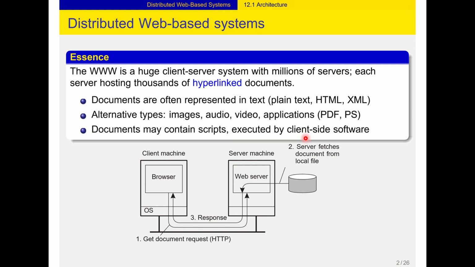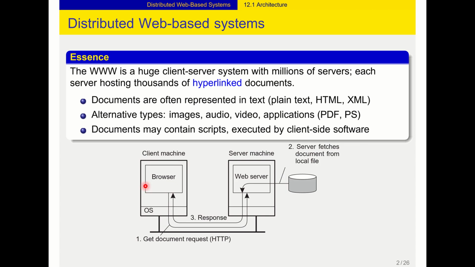So let us talk about the architecture of the traditional web-based system. In the traditional web-based system, many web-based systems are organized as a relatively simple client and server architecture. Basically, the client machine will send a document request, which is the HTTP request.